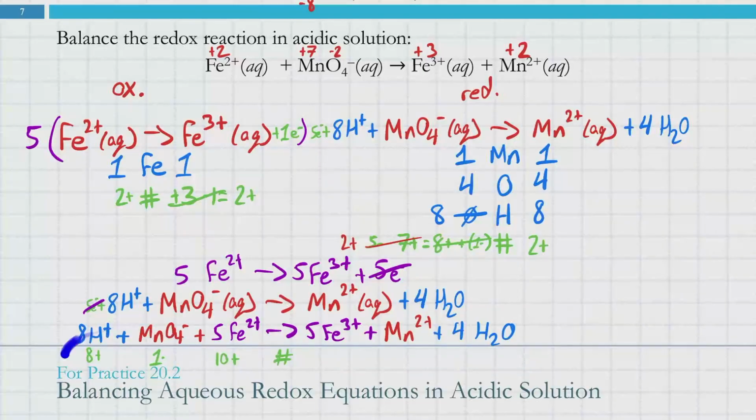So we've got 10 and 8, and then a 1 minus. So 18 minus 1, 17 plus, which is kind of crazy. On the right side, we've got 5 times 3 plus for 15. And then our manganese is a 2 plus. The water is neutral, so this is also 17 plus. So our charge is balanced.